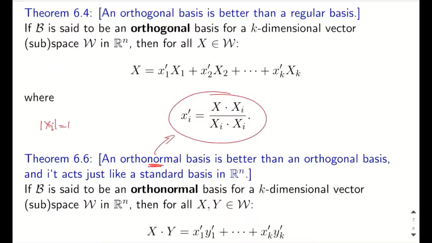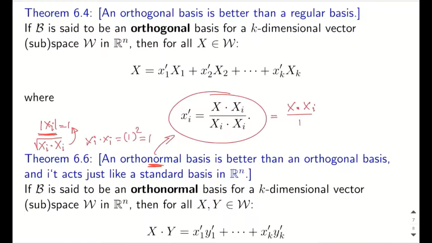Then it becomes x dot xi divided by 1, because the length of a vector by definition is the square root of the dot product of that vector with itself. And so if the square root is 1, then xi dot xi without the square root is going to be 1 squared, which is also 1.